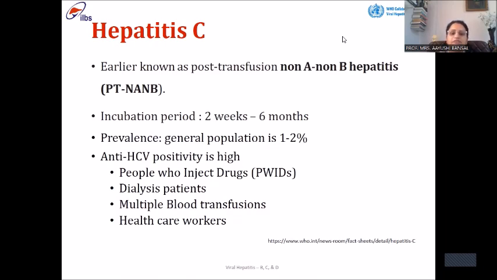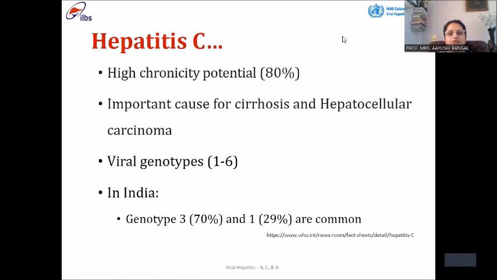Anti-HCV positivity is high, and it is common with people who inject drugs, dialysis patients, multiple blood transfusion recipients, and healthcare workers. High chronicity potential, as it can be acute and chronic, but the chronicity potential is 80%.